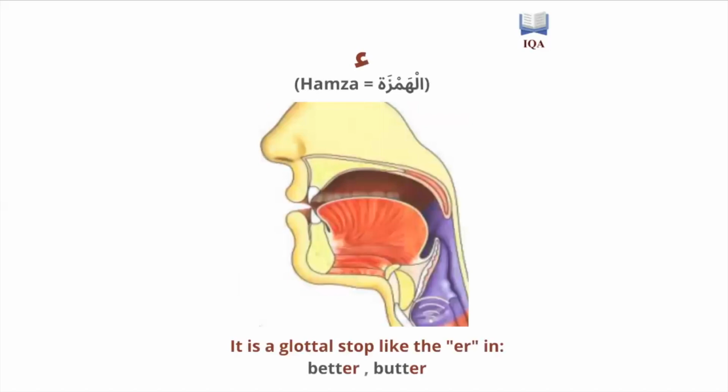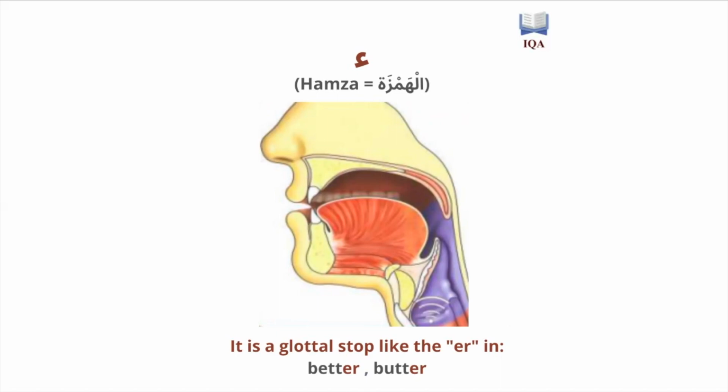Starting with the letters that come from the lower part of your throat, we have two letters. The first one is the hamza. The hamza comes from the very bottom of your throat, from your vocal cords. When your two vocal cords come together very quickly, that's called a glottal stop, and that's what the hamza is fundamentally. The hamza is the glottal stop, where your two vocal cords are striking each other in a sense. A, i, u.